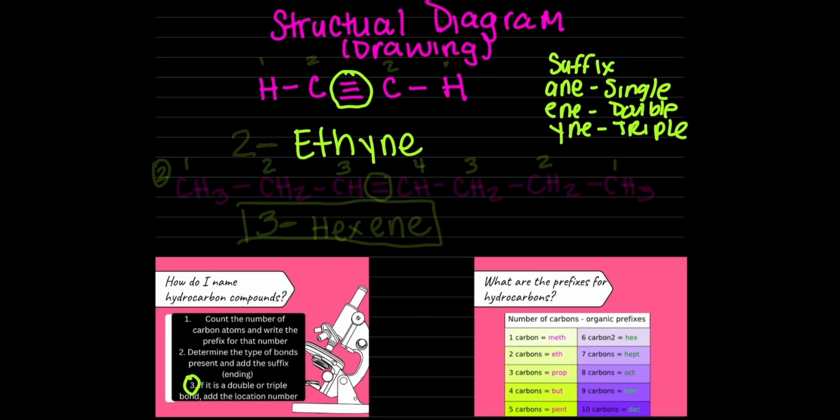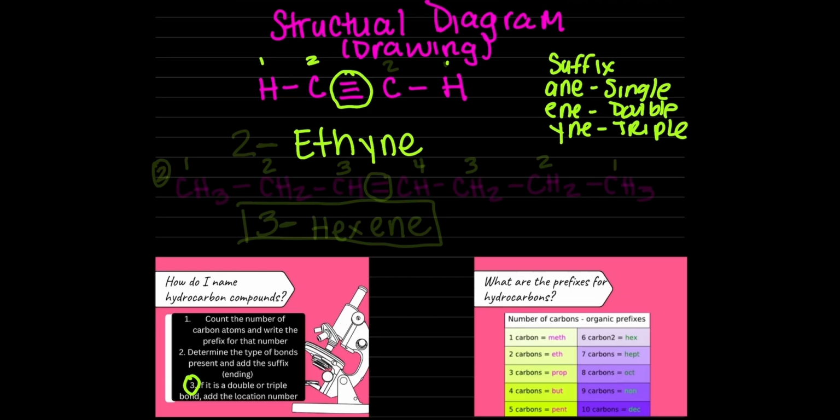All right. Now, in the structural diagram, in order to identify the location number, you want to count the shortest way that it's going to take you to get to that triple bond. So if I start from the right, I see that it's 1, 2. It takes me 2 carbons to get to the triple bond.